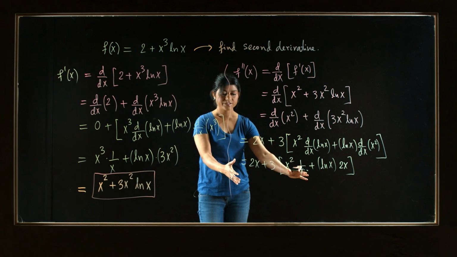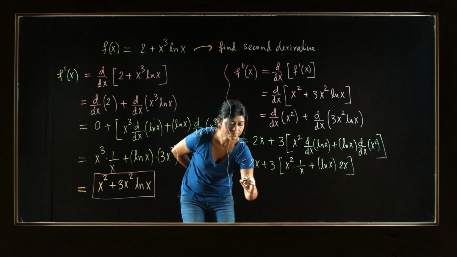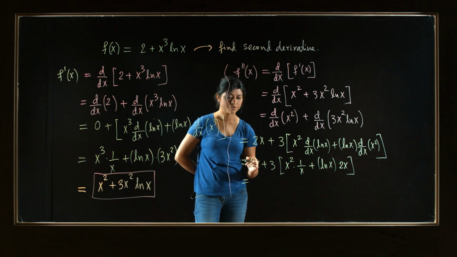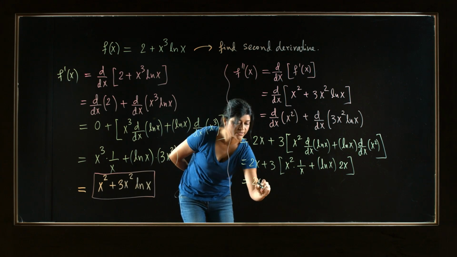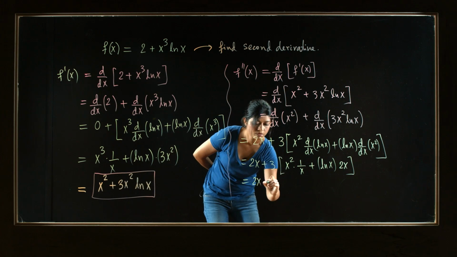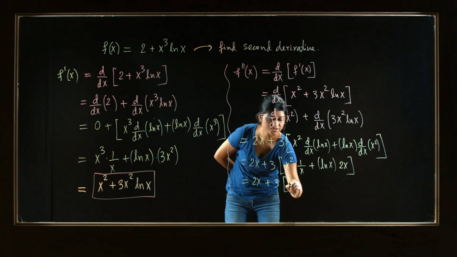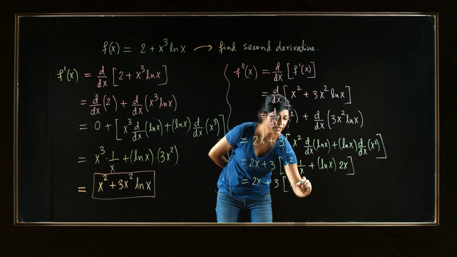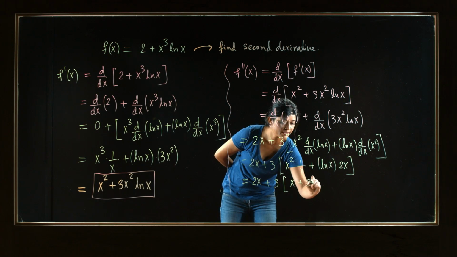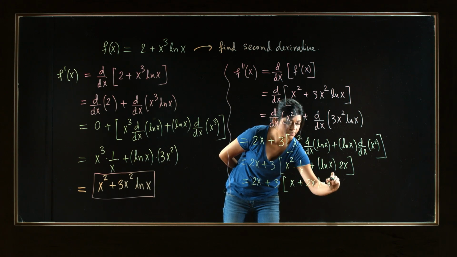So let's simplify everything and we will get our final answer for the second derivative. The 2x is 2x. Then we have 3 times, we have x squared divided by x, which is just x. And then the second term is 2x natural log of x.